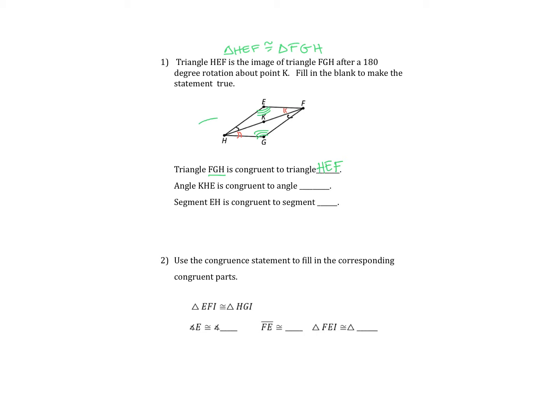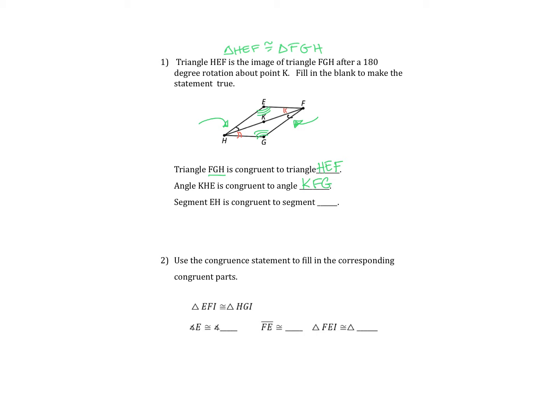Go find it. That's this single arc angle right here. And so it's congruent to the other single arc angle. Sorry, I got to start with my corresponding parts. So K, F, and then G.